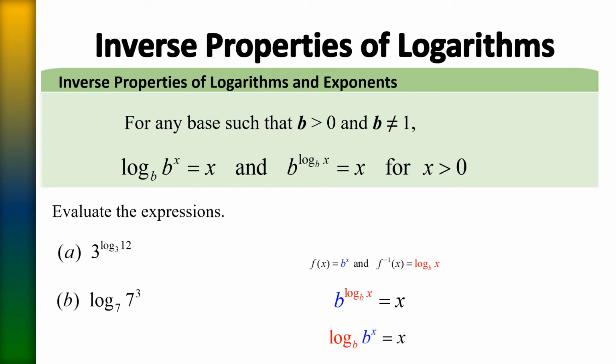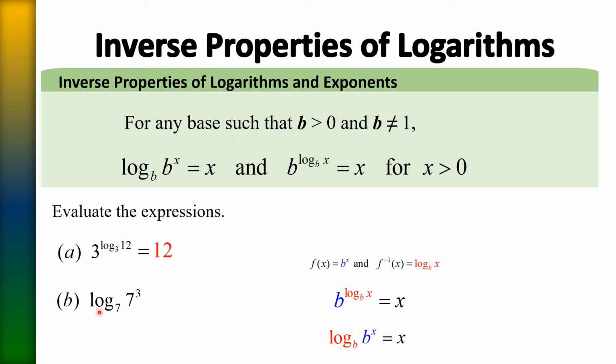That goes with this property here: log base b of x is going to equal x. In this case, it's log base 3 of 12, so it's going to equal 12.